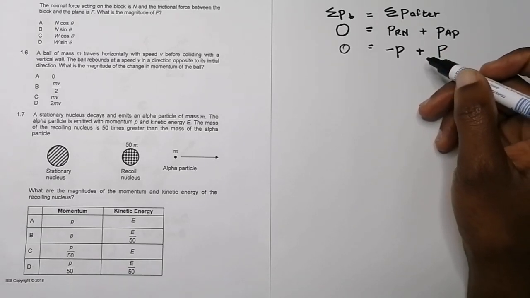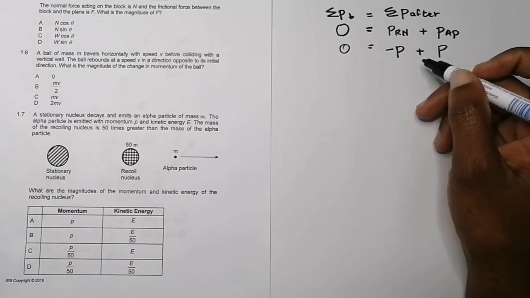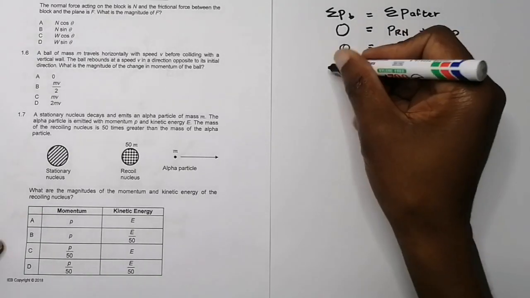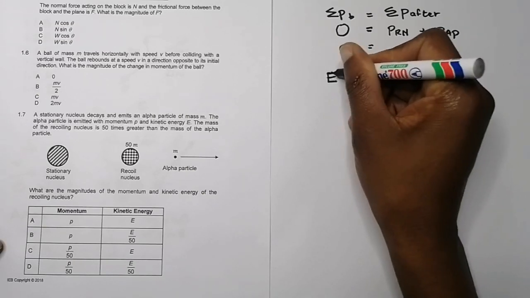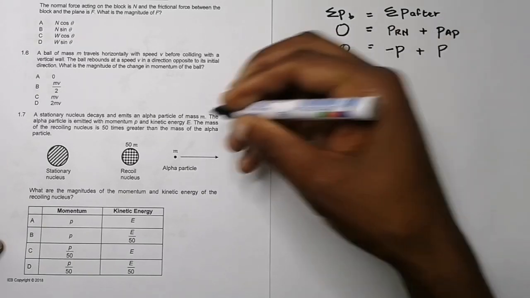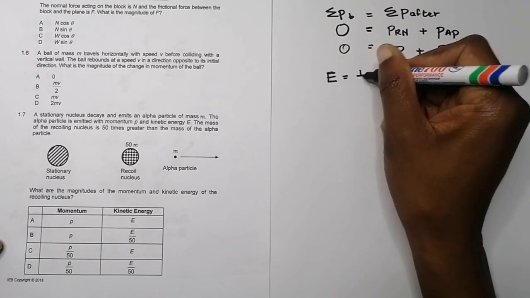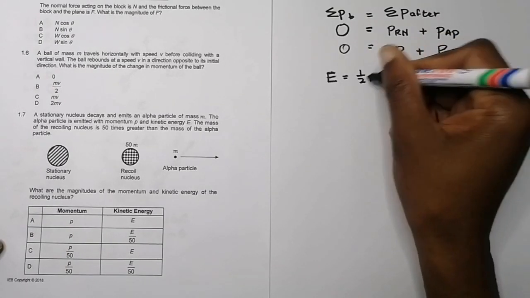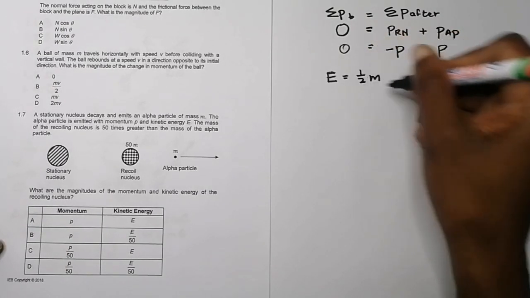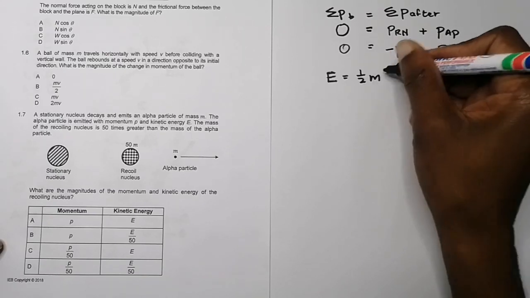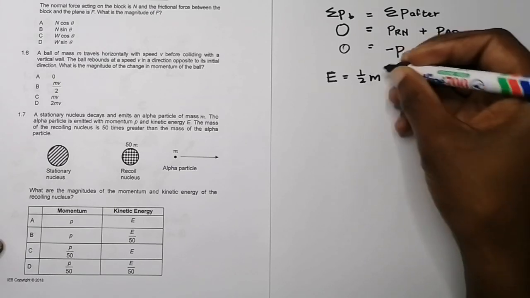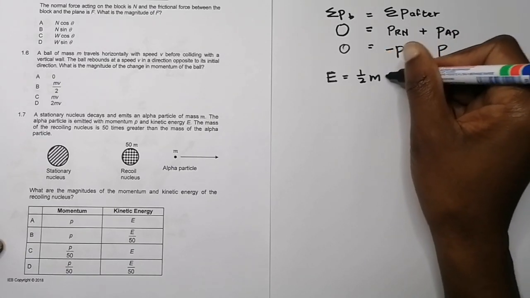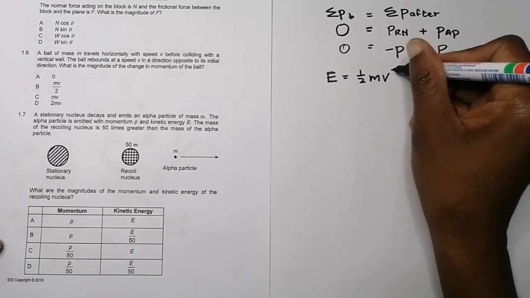All right, now let's talk about the kinetic energy. Remember, they said the kinetic energy of the alpha particle is E, and the mass of the alpha particle was mass m. This is half mv squared.